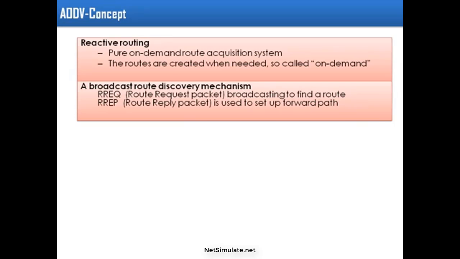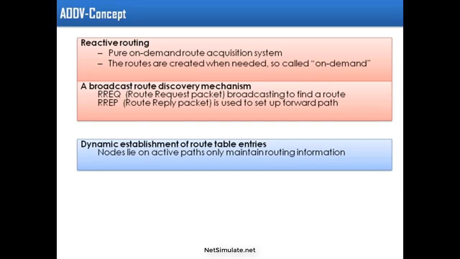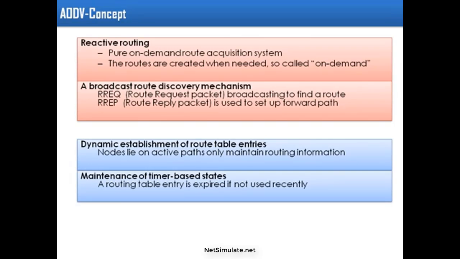When the destination receives that packet, it replies by sending a route reply packet. We will see this example in a later slide. Now AODV maintains all the routes in the form of a table, whereas DSR does not use tables. AODV stores all its paths in the form of a table.